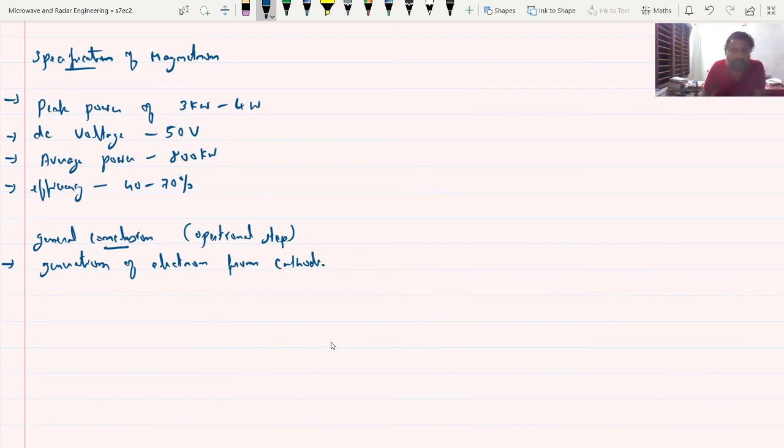Cathode is nothing but generating the electrons. Second, velocity modulation, that gives the magnetic force F, which is nothing but Q into V cross B, that is the magnetic force.